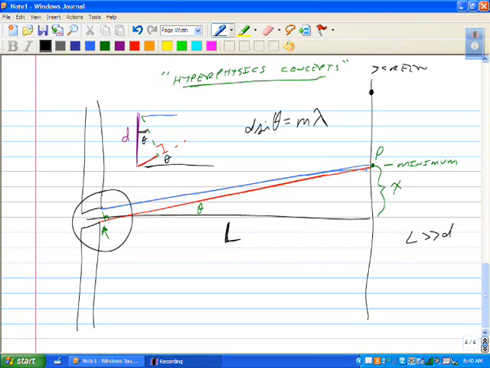Now, again, using small angle approximations, I can say that this value of x is related to this as, well, we usually use approximately equal to because of the small angle approximation, x ≈ mλ L over d.